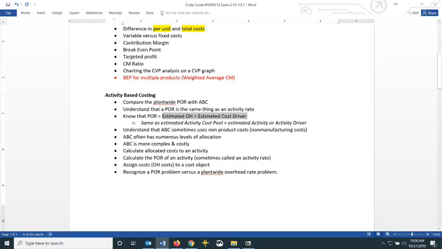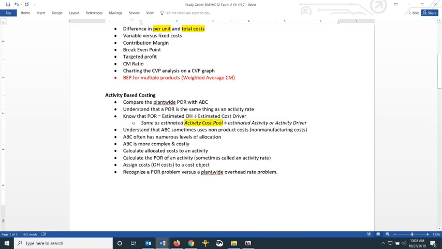Activity-based costing often has numerous levels of allocation. We talked about unit allocation, batch allocation, plant-wide allocation. And we found that we have to sometimes go through various levels to come up with the answer. So the first thing we might be doing is adding up our activity cost pool as we have here.